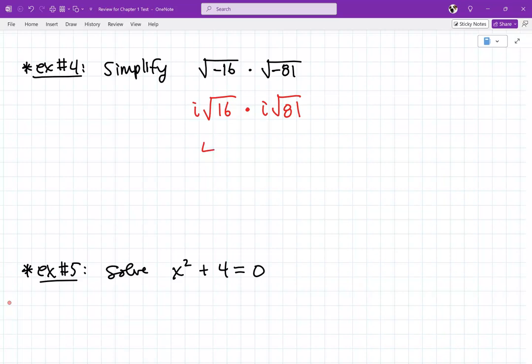So that's going to be 4i times the square root of 81, 9. So that's 9i. Well, that's 36i squared. But i squared is negative 1, right? So this is 36 times negative 1. So your answer is negative 36.